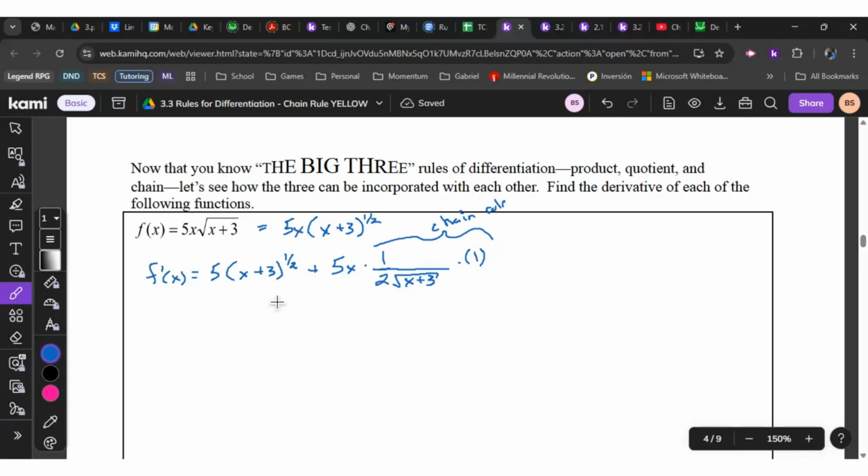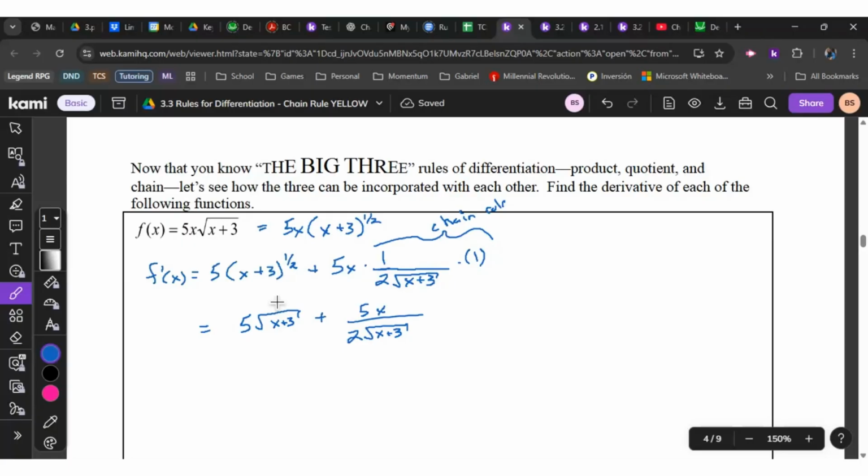All right. So let's simplify this a little bit because I don't think we would leave it like this. This one's pretty messy. So this is going to be 5 times the square root of x plus 3 plus 5x over 2 square root of x plus 3. Now, guys, I'm not going to lie to you. If you see something like this, you are almost never going to leave your answer as 2 fractions.